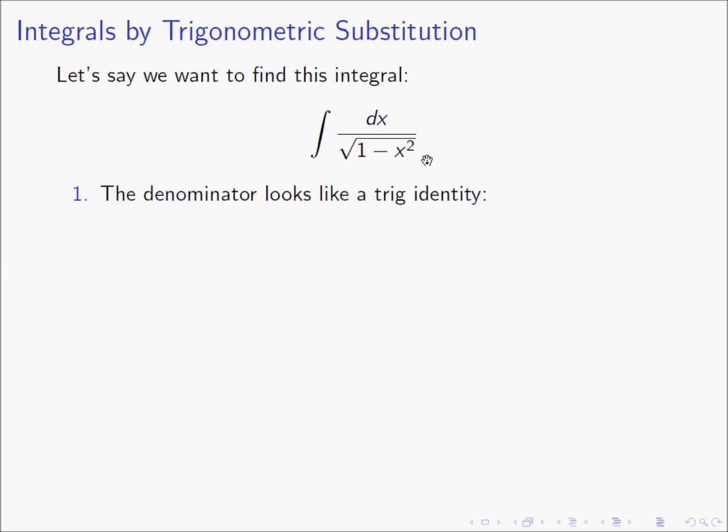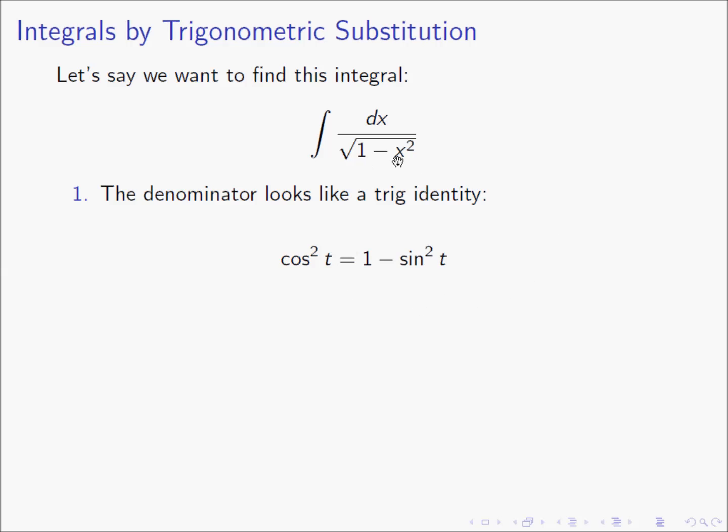So here what we can observe is that the denominator looks like a trig identity, because it is 1 minus x squared. From trig, we know this identity: cosine squared of t equals 1 minus sine squared of t.